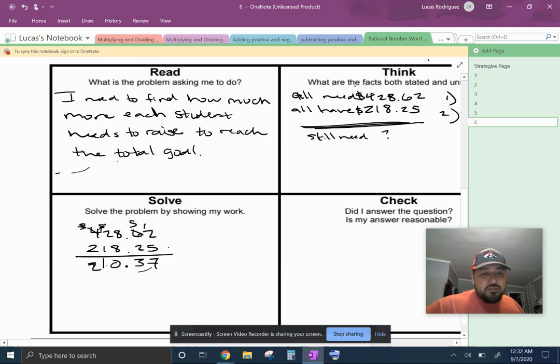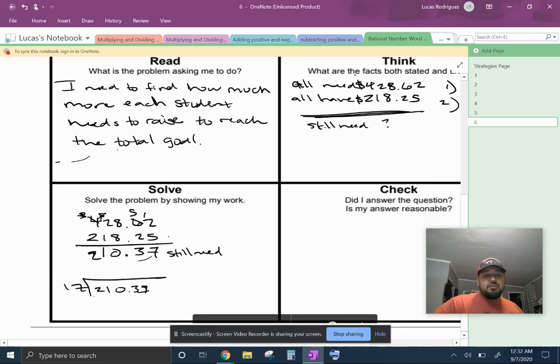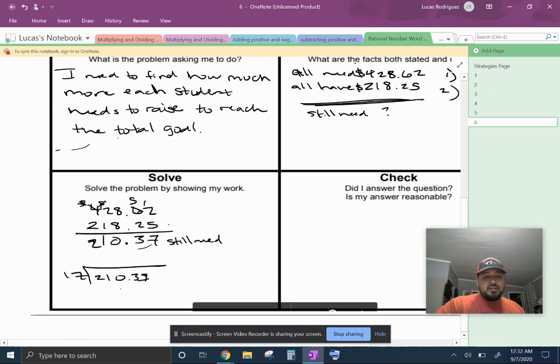So 2 minus 1 is 1, 4 minus 2 is 2, so 210.37. That's how much they still need. Notice that I put my label as I'm going, okay? And then I'm going to take that 210.37 and divide it by 17. I'm going to need some more space for this division, so please bear with me.